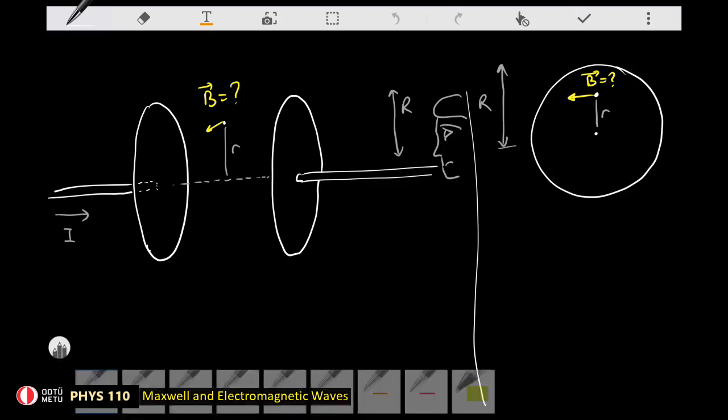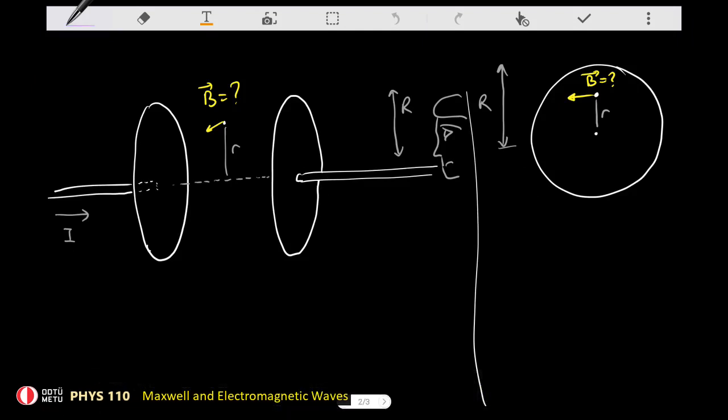What we do is this. We're using the symmetry arguments. Since I would like to compute the magnetic field at that point, I choose an Amperian loop that's passing through this point. But the Amperian loop, of course, should have the same symmetry as the symmetry of the problem. So therefore, it has to be a circle. Why?